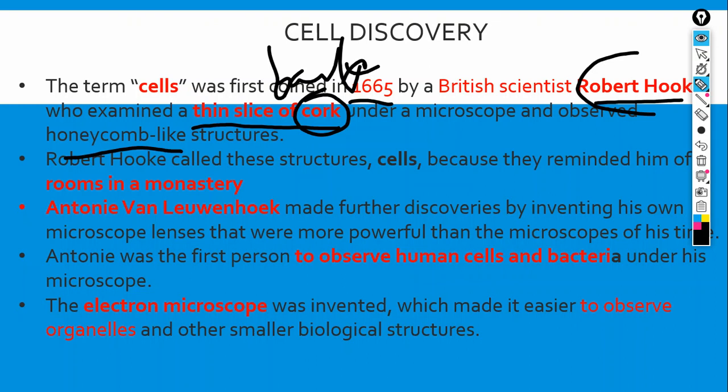So he took a thin slice of it, and what he saw was a honeycomb-like structure. All right. So that is the description he gave it. Is that okay? And he said it reminded him of the rooms in a monastery.